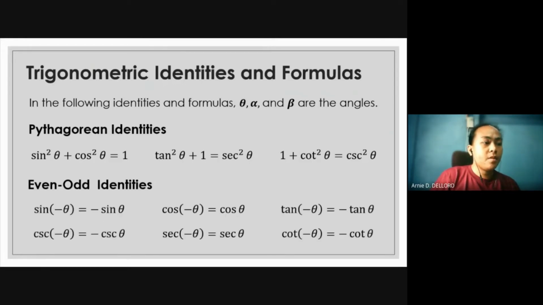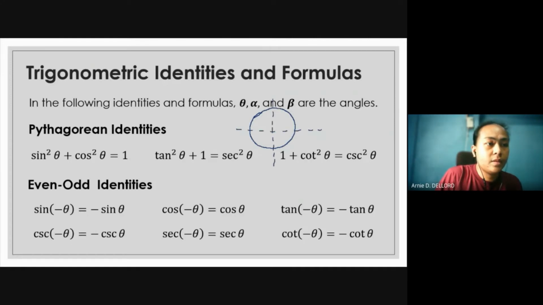So we have sine of negative theta is equal to negative sine of theta. So ang nangyayari dito, if we will go back to the unit circle, illustrate natin. Say for example, ito yung circle natin.